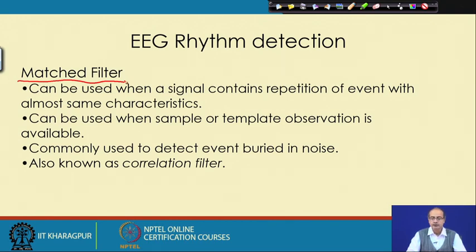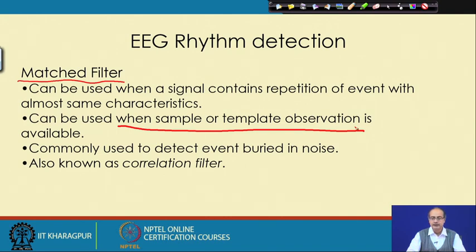Only then can we use the matched filter, and one of the requirements is that we should have the sample or the template of the observation. It is not good enough to have that knowledge.